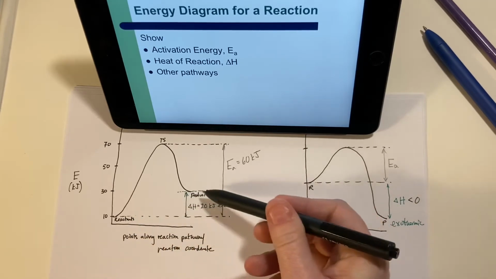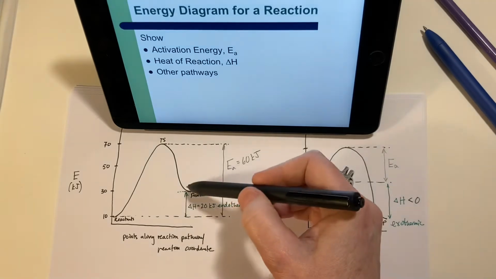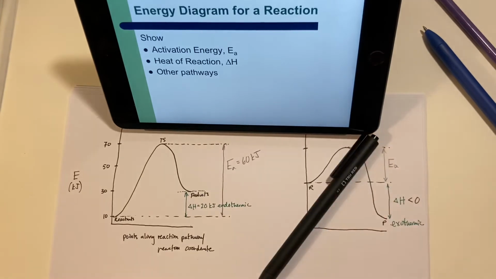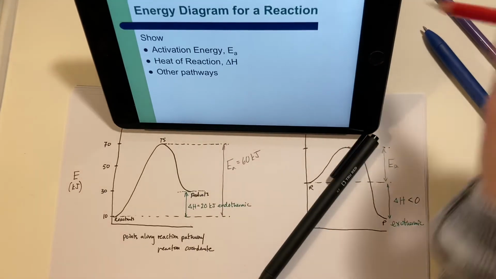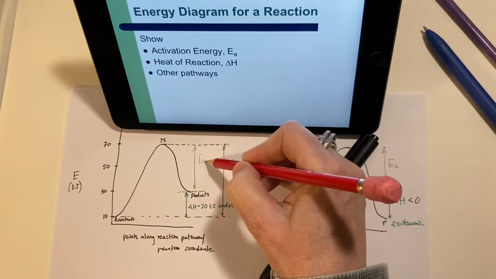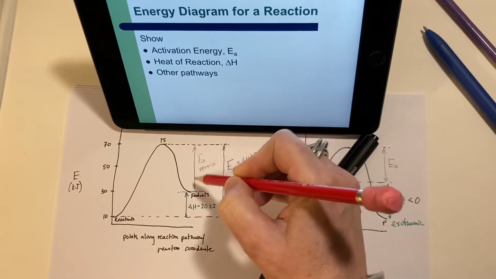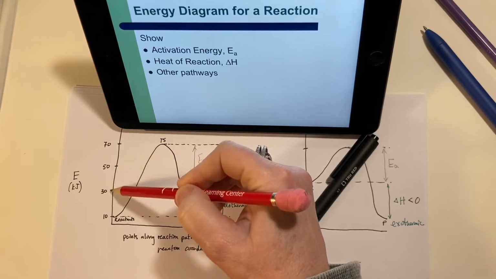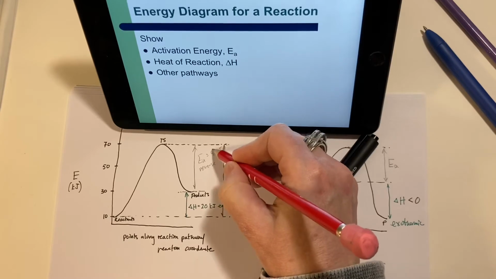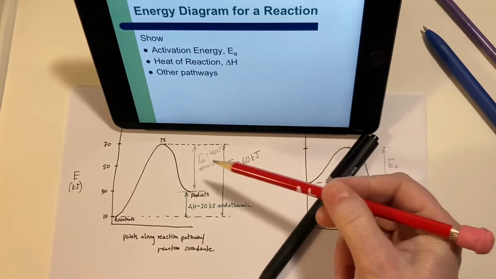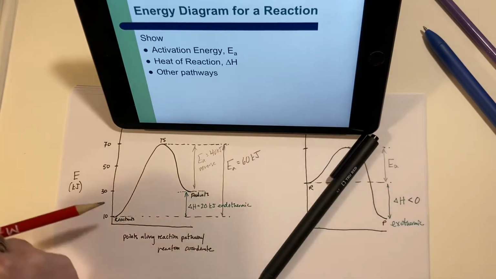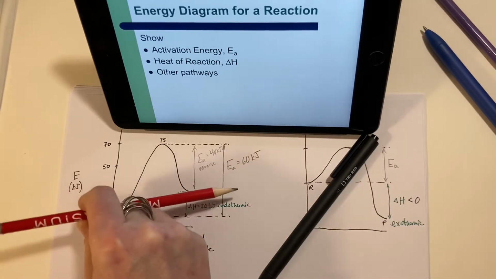The difference in energy between the products and the transition state would be, let's write that in there, activation energy for the reverse reaction. Well, that's going to be the 70 minus the 30, that's 40 kilojoules. So in the reverse direction, we have a lower activation energy than in the forward direction, which is 60.